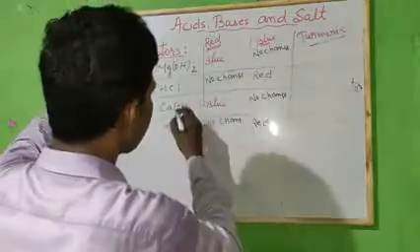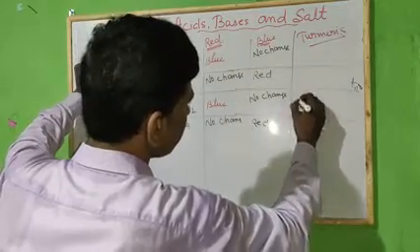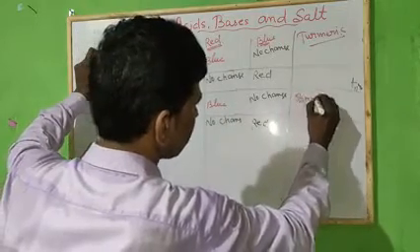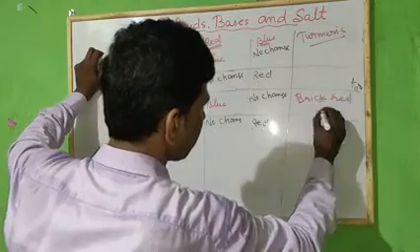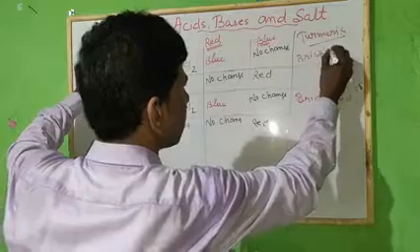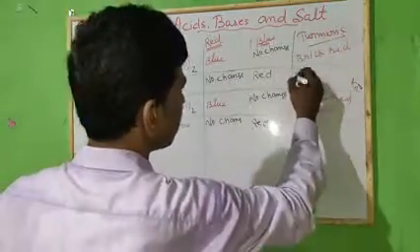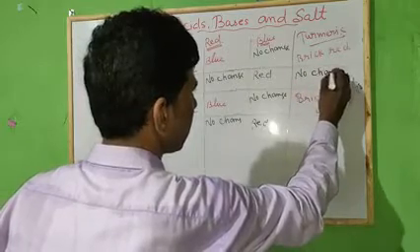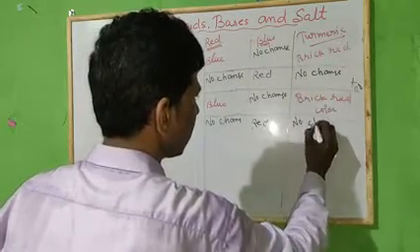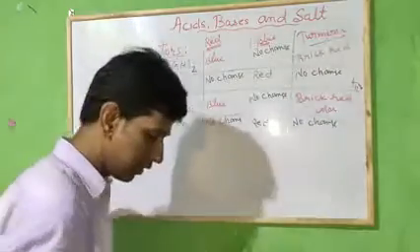Suppose calcium hydroxide is a base, so it will be brick red color. Here also brick red, but with HCl and sulfuric acid, no change. Clear? This is all about natural indicators.